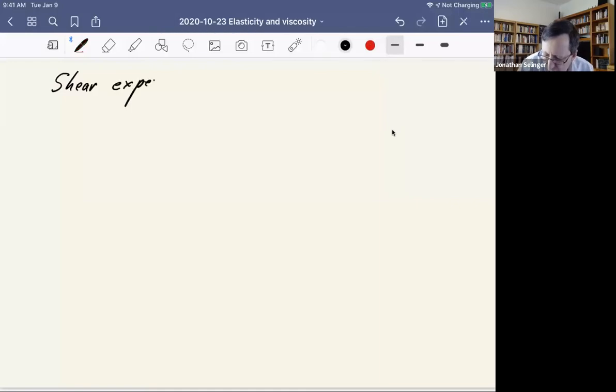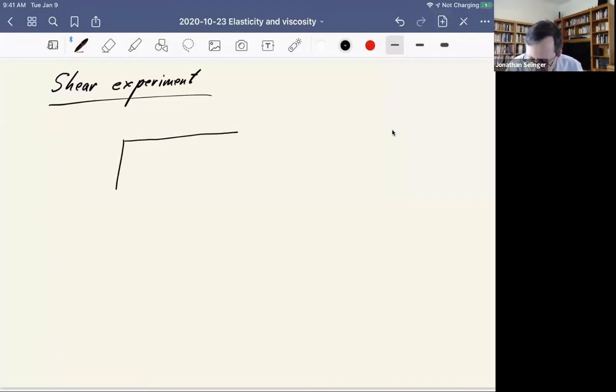So for a shear experiment, suppose we have a sample that is initially a rectangular block, like this, and we apply a force sideways on the top.